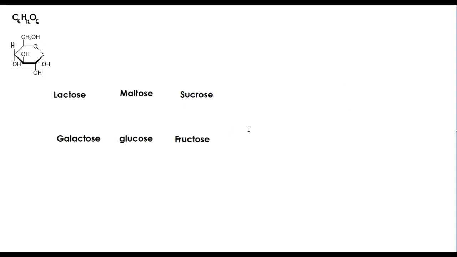Regular granulated sugar that you put in your coffee is a disaccharide made up of a fructose molecule and a glucose molecule, right? That's why there's 2 arrows, because when you break it down, you get a glucose and a fructose. Maltose is made up of 2 glucoses. Lactose is made up of a galactose and a glucose. So that's a good way to remember your disaccharides and how they break down into your monosaccharides.